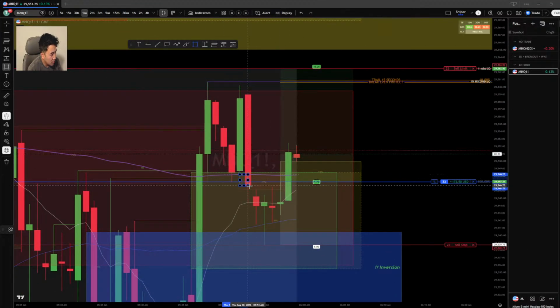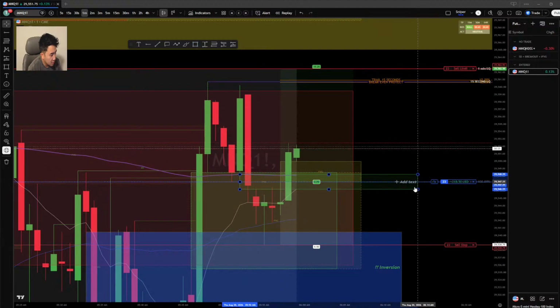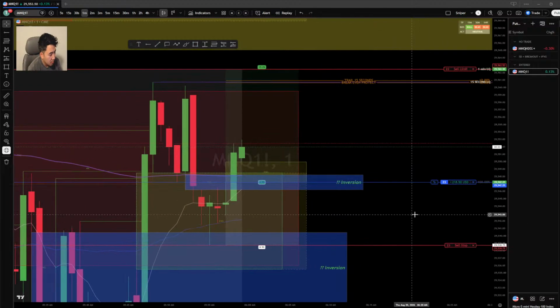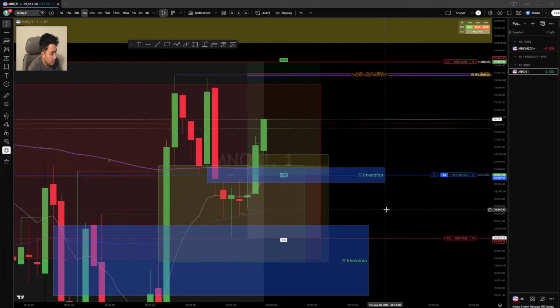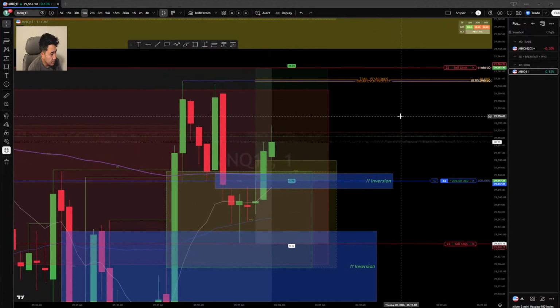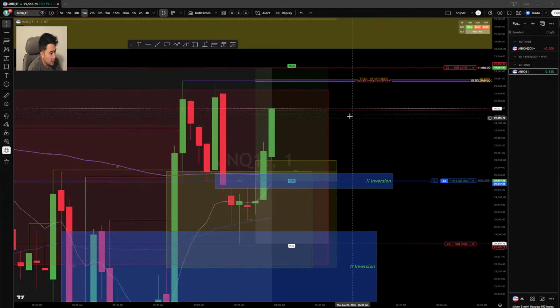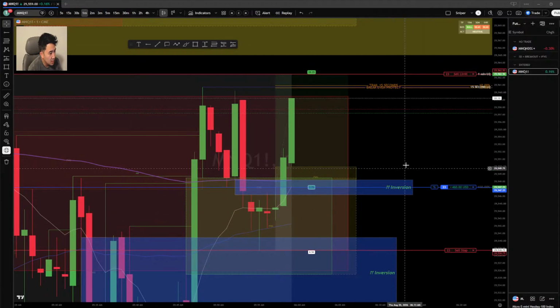Here we have a bullish inversion, which is nice to keep price up. Stop loss move to break even once it hits this 15-second liquidity here.